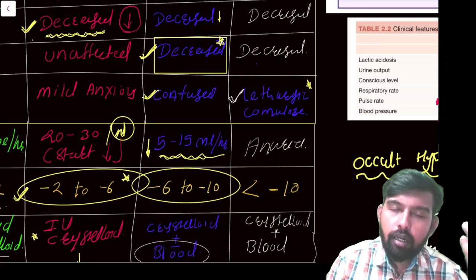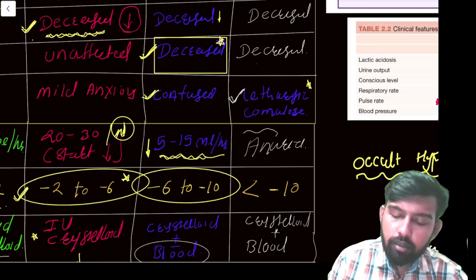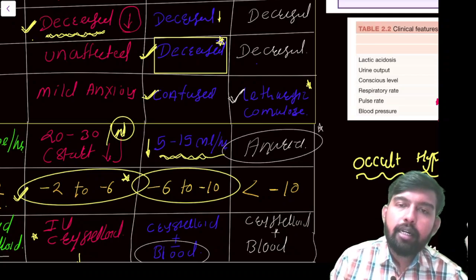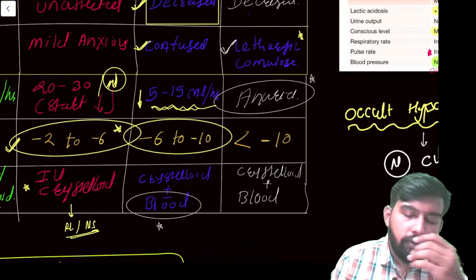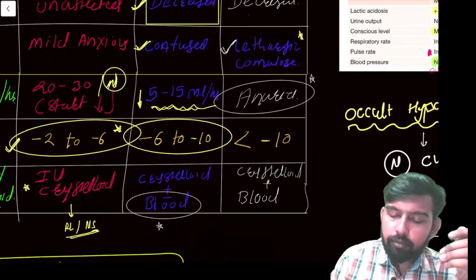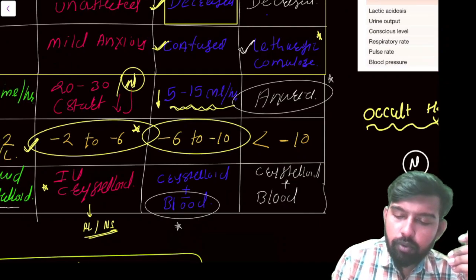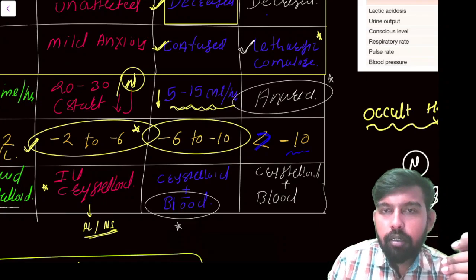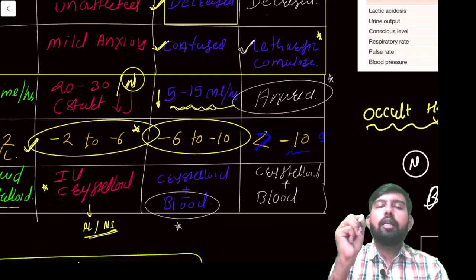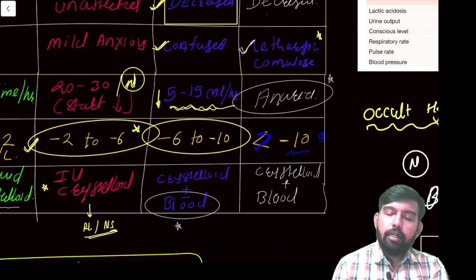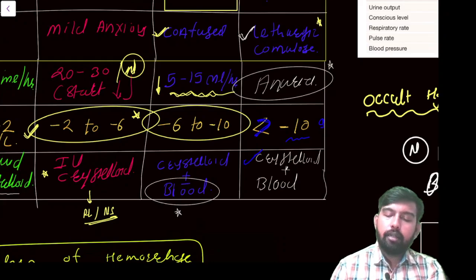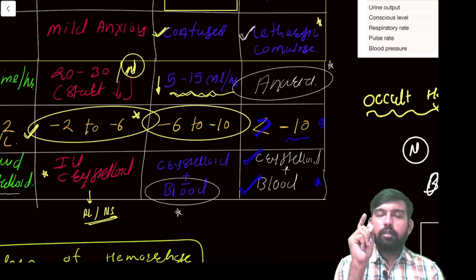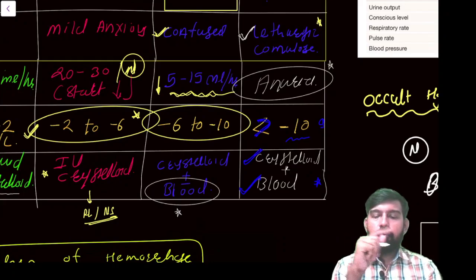There is anuria, the urine output is severely decreased, and the base deficit is more than minus 10 milliequivalent. It should be treated with crystalloid and blood transfusion. So blood transfusion is necessary in class 3 and class 4 shock.